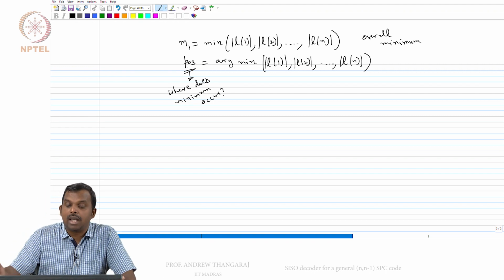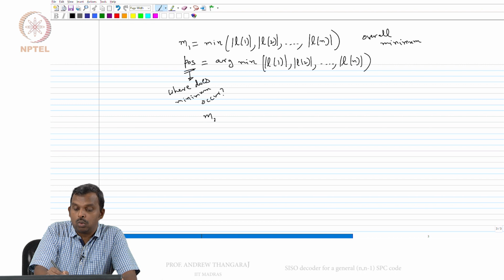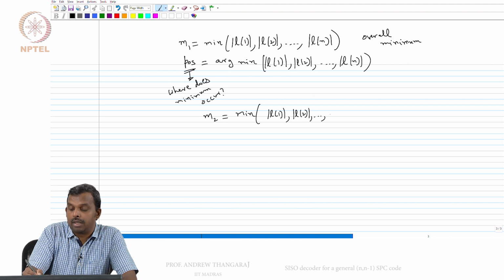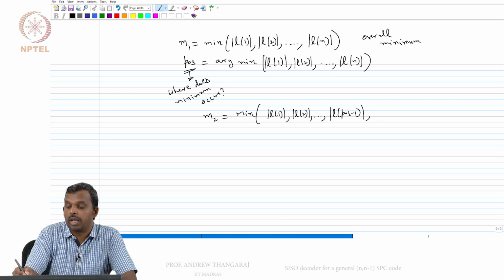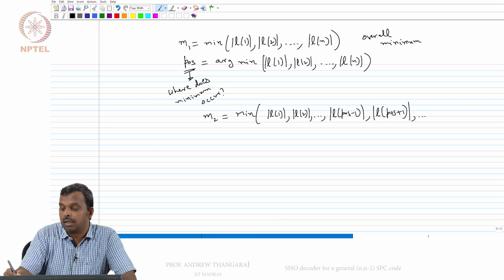And then I also need the overall second minimum. So, what is this? This is m2, let me call it. This is min of, so I will write it like this. It should be clear to you hopefully. L of 1, L of 2 all the way till L of pos minus 1, and then L of pos plus 1 till L of n.